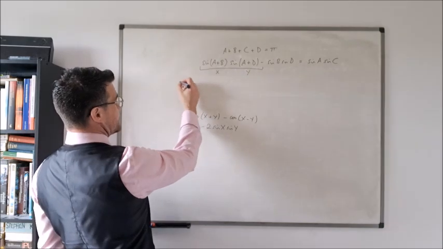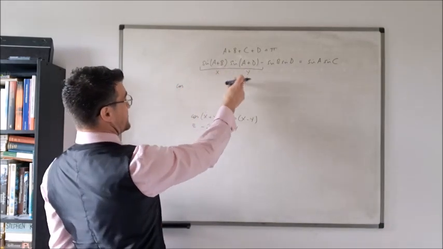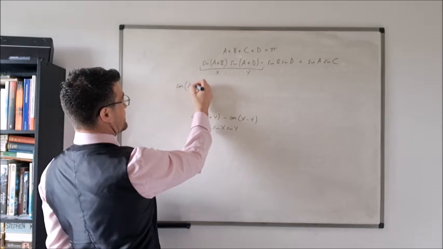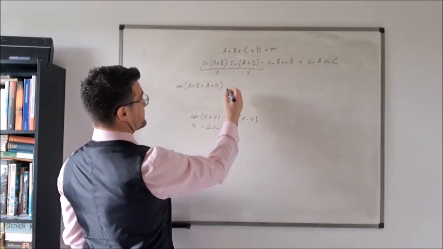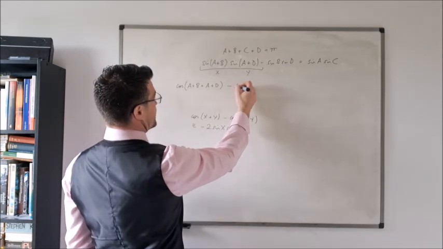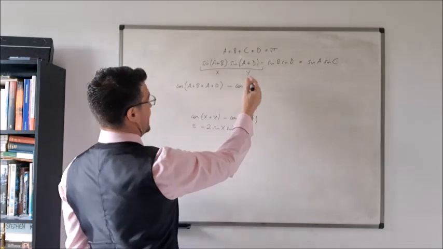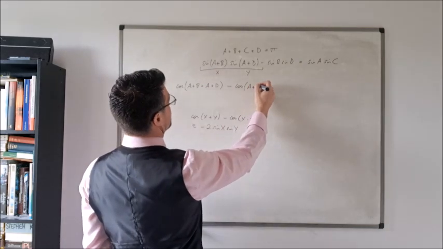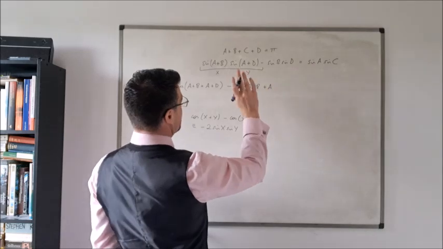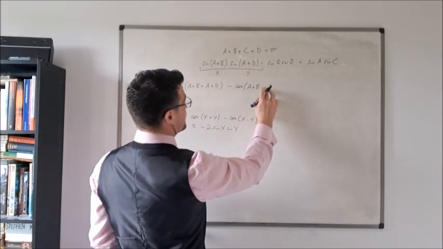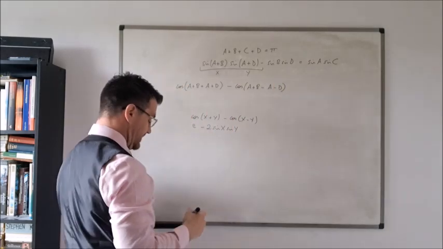This is going to be identically equal to cosine of x plus y, which is a plus b plus a plus d, minus the cosine of x minus y, which is a plus b plus a, minus a minus d. Okay, let's get it right.